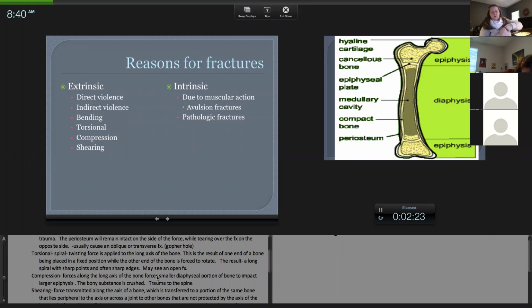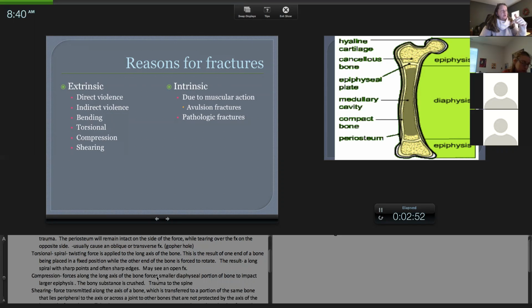Compression fractures can also happen in the spine. So if they jump a certain way and two vertebrae compress together, it can cause vertebral fractures. And then shearing would be along the axis. If you open this PowerPoint in edit view or notes pages, there's a bigger description under the slide for each type of fracture. So it does give you that information.